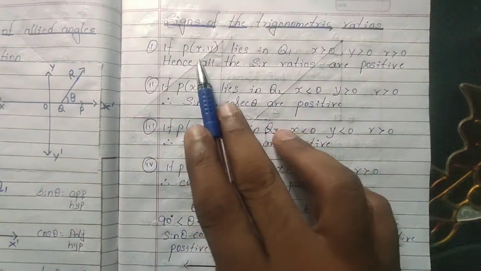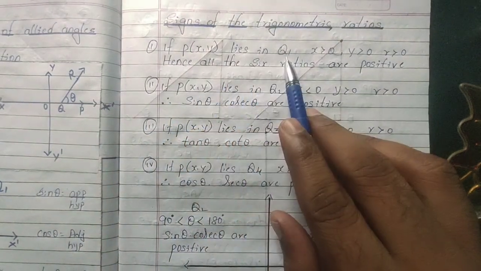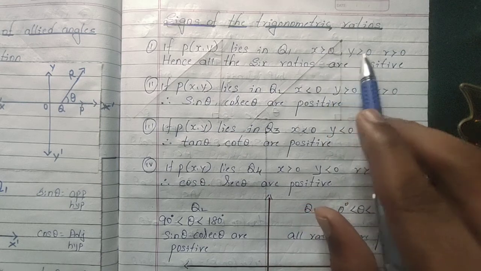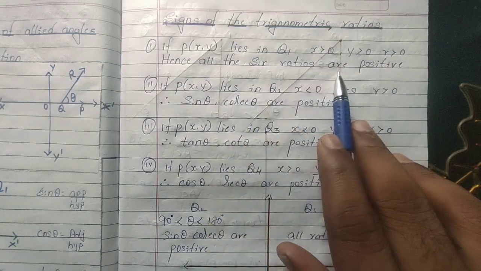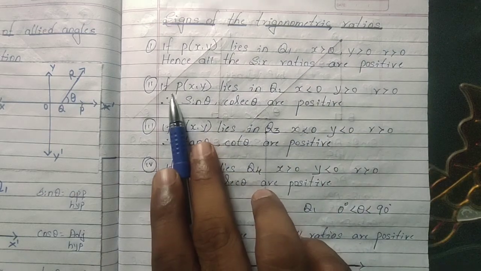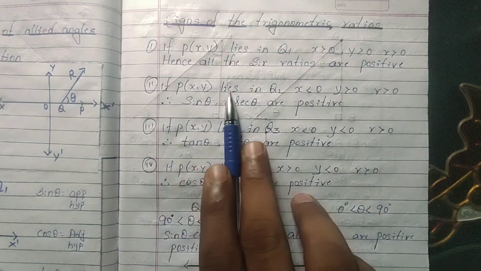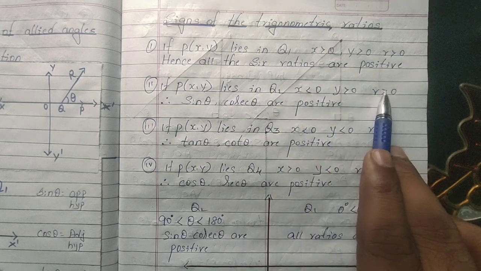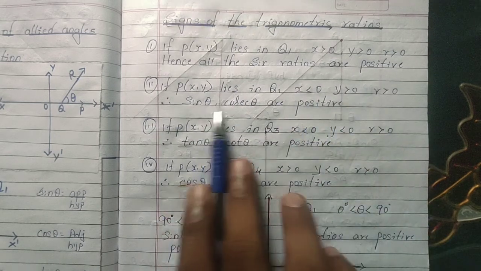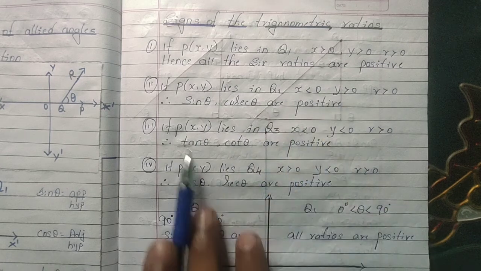If P(x, y) lies in the first quadrant, x is more than 0, y is more than 0, r is also more than 0. All 6 ratios are positive. Suppose P(x, y) lies in the second quadrant, x is negative, y is more than 0, r is more than 0, sin theta and cosecant theta are positive.